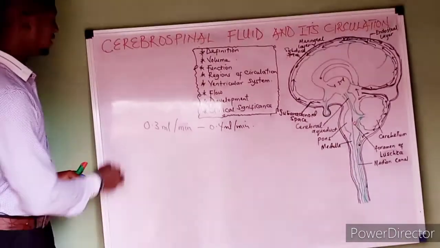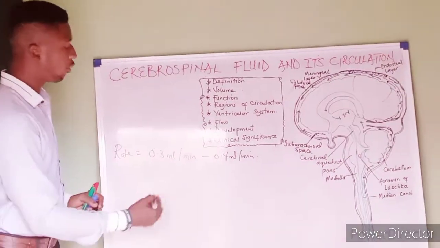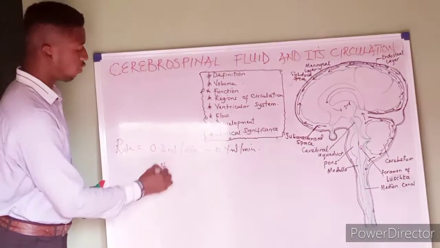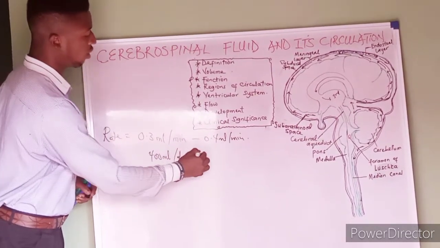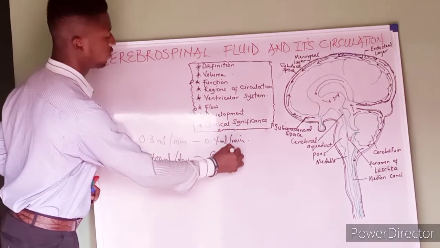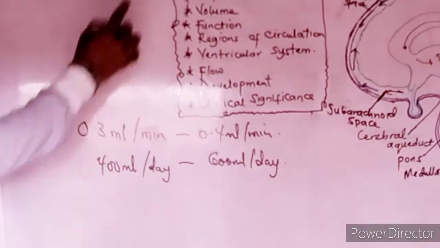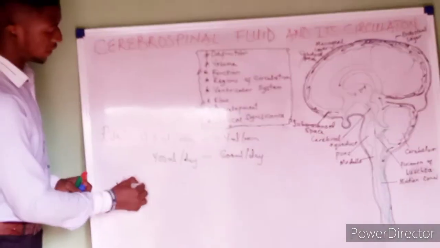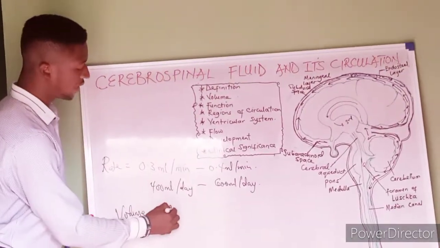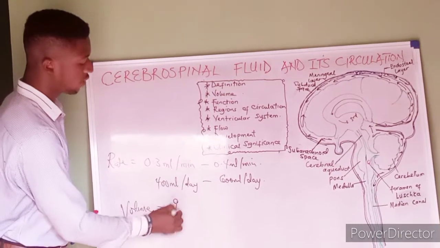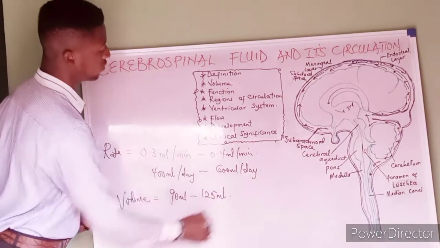This implies that this rate of flow, in days, can be around 400 ml per day to about 600 ml per day. This tells us that the volume of cerebrospinal fluid is about 90 ml to 125 ml in circulation.